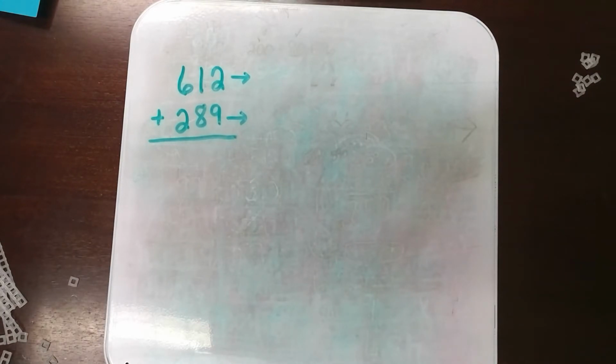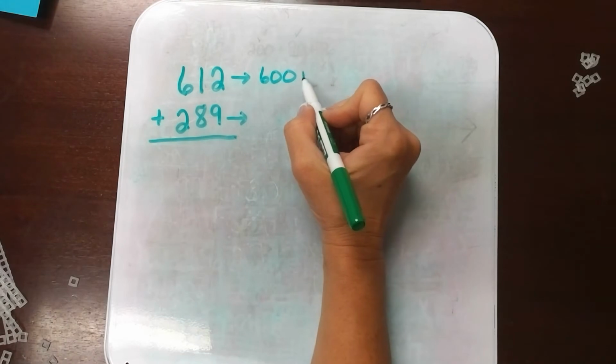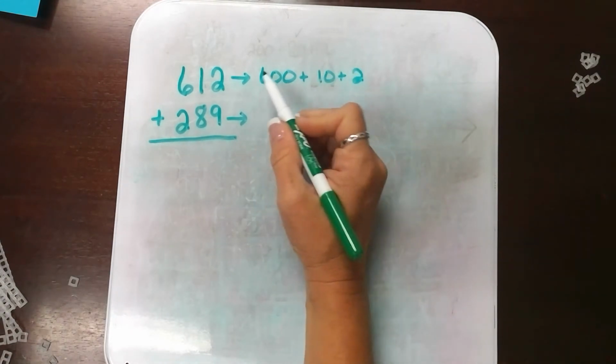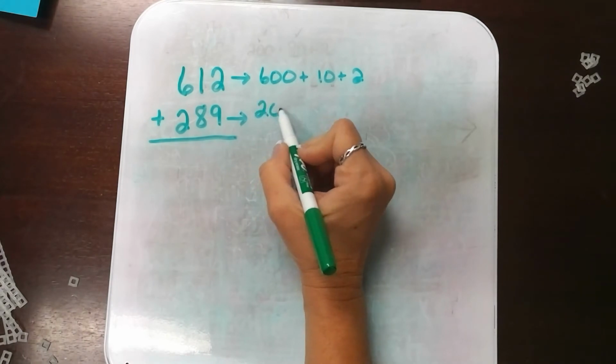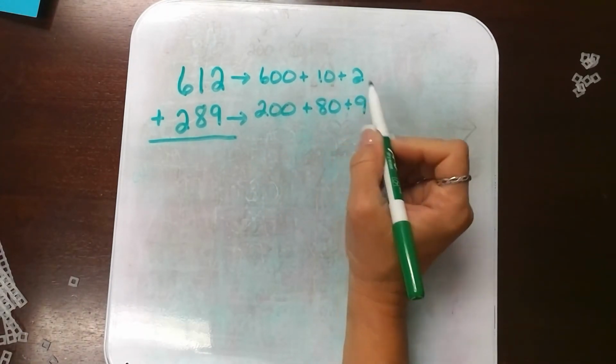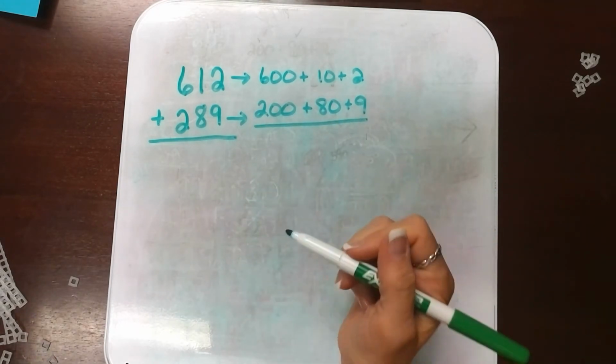Okay? So 612 becomes 600 plus 10 plus 2. 289 becomes 200 plus 80 plus 9. Okay? And then what happens here is students just add these together.